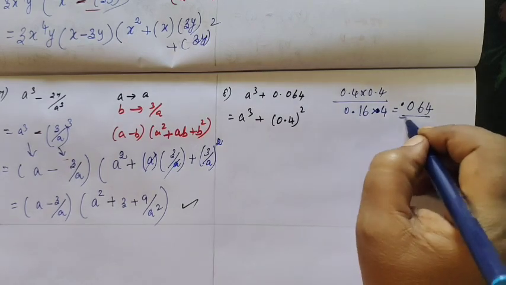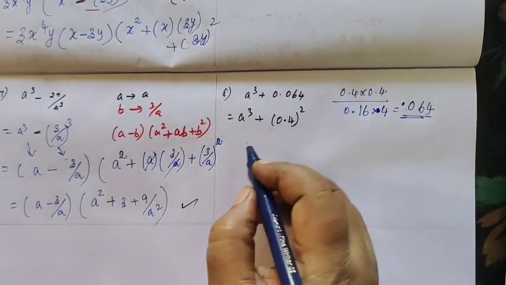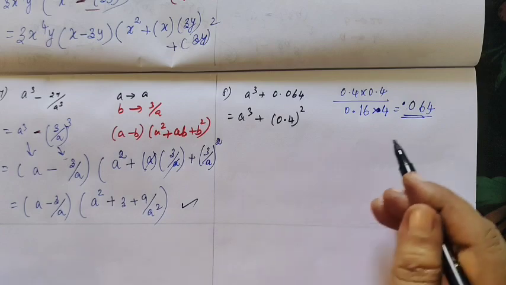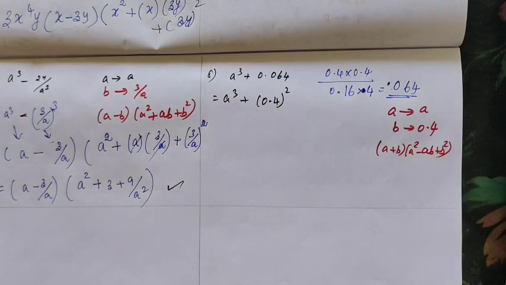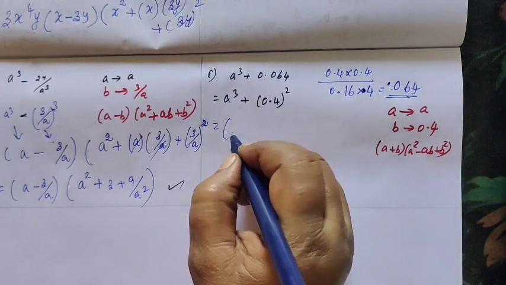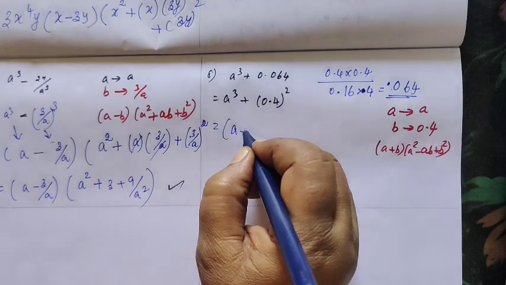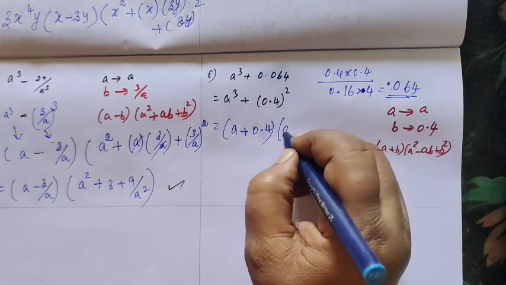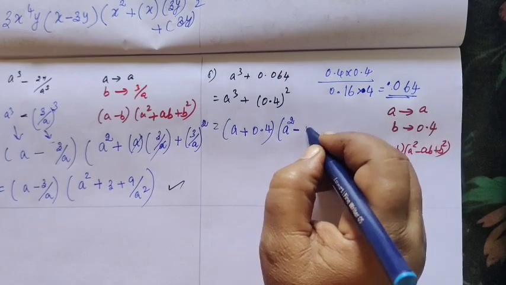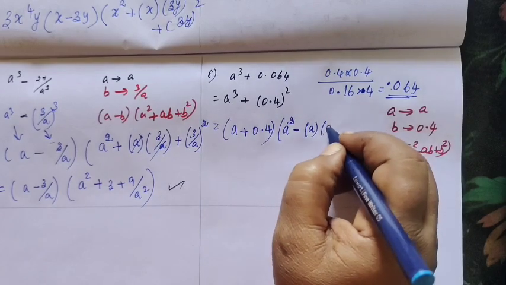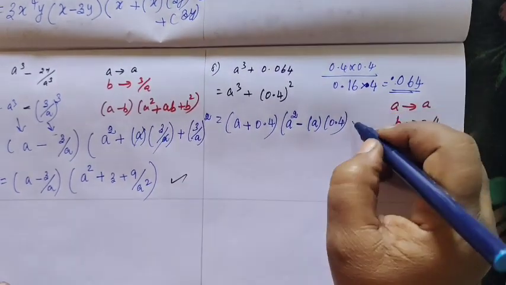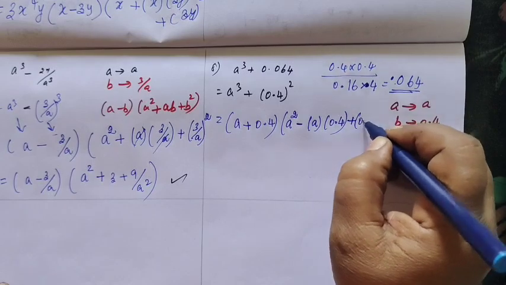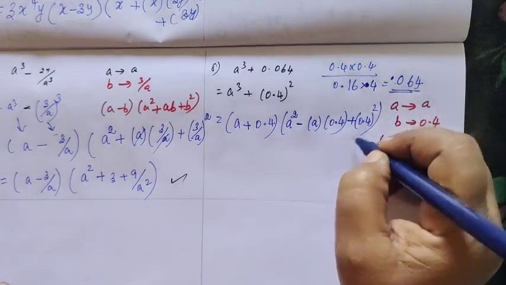So 0.064. So what is a? b squared. So equal to a plus b, then a square minus ab, then plus b square.